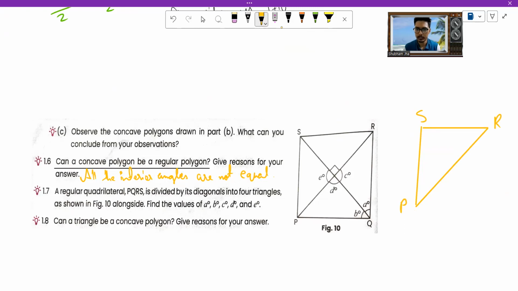Now if you see that these two are the same, then the angle opposite to this side will be equal to the angle opposite to this side. Means this angle will be equal to this angle.